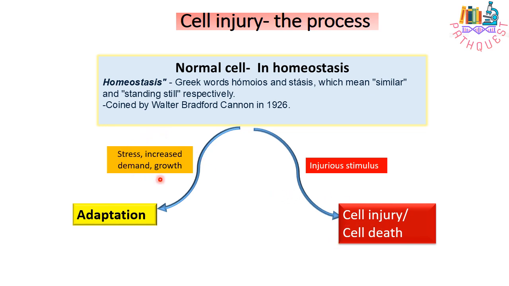So, stress or increased demand will result in cellular adaptation, and exposure to injurious stimulus will result in either cell injury or cell death. Let's see what will cause cell injury and what will cause death.